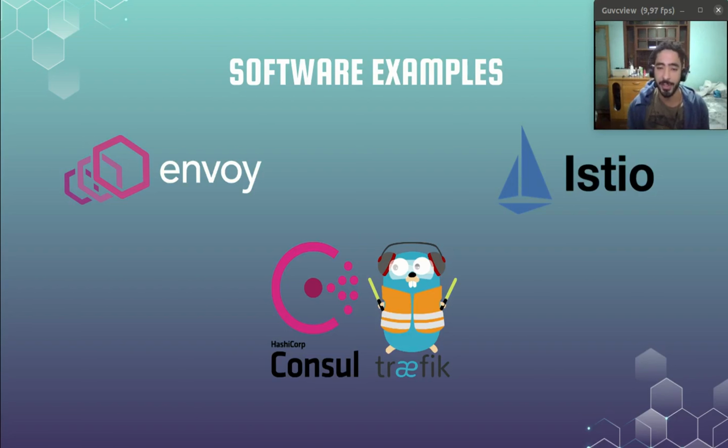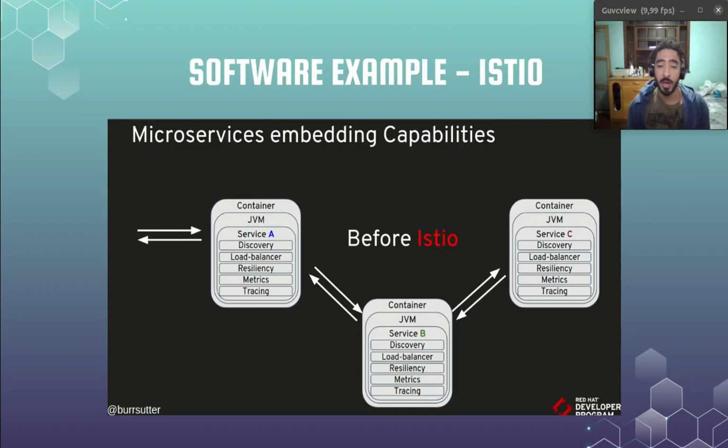Here we are exemplifying three: Envoy, Istio, and HashiCorp Consul. HashiCorp Consul works with a traffic proxy, because with that you can get not only east-west traffic, but north-south as well. That is very interesting. And here we have an example of what happens before and after you use the sidecar with Istio, right?